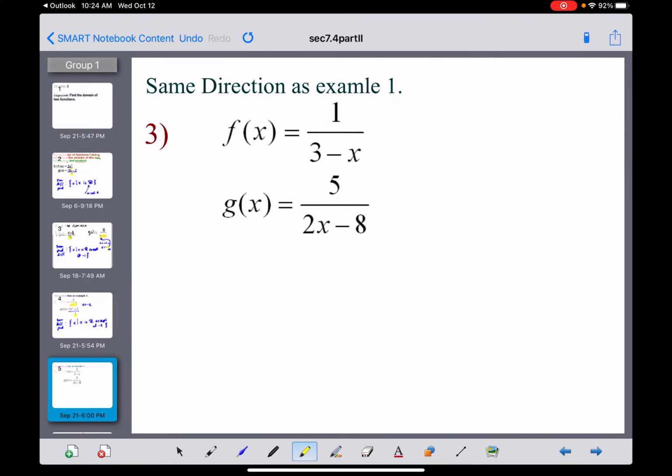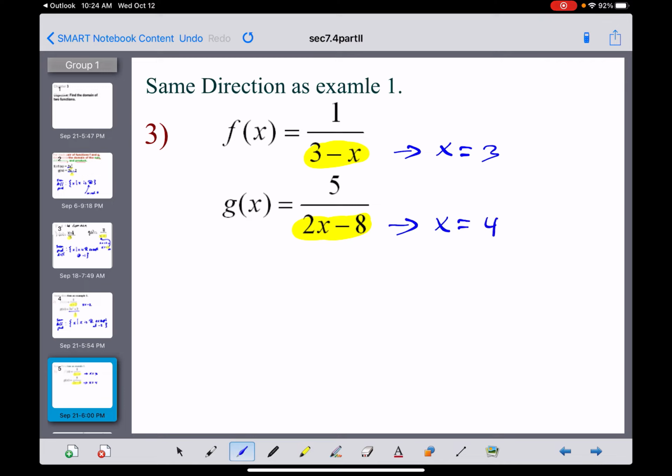Okay, so this time we have 3 minus x and 2x minus 4. So the first function cannot be at 3, and this cannot be at 4.